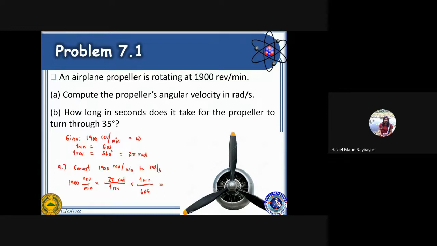We have 1900 times 2 pi divided by 60. What is it, class? I don't have my calculator with me. I'm using a cellular phone. So 63 pi, is this correct? Or we can eliminate the pi and convert it to numbers.